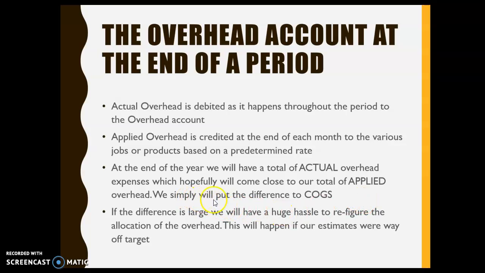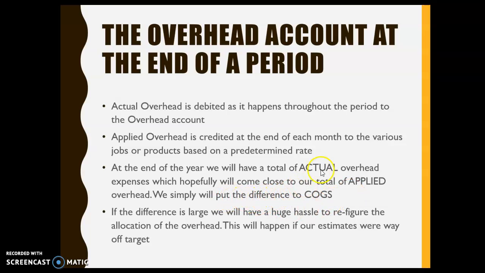We'll take that difference at the end of the year and move it to cost of goods sold. So we're going to close out the overhead account to zero so that we can start next year fresh with a zero balance.